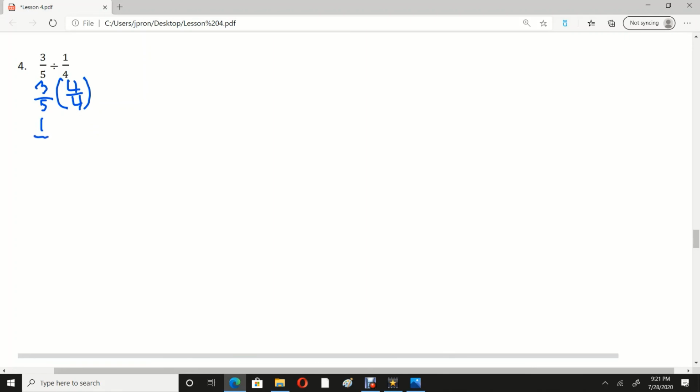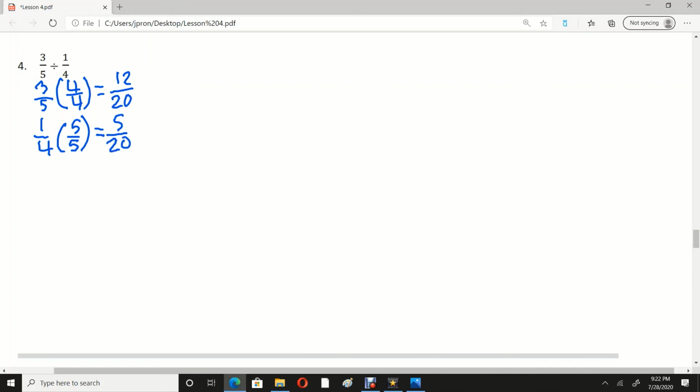And we're going to multiply 1/4 times 5 over 5. And when we do this, we get 3 times 4 is 12, over 4 times 5 is 20. 12/20 is equal to 3/5. 1 times 5 equals 5. 4 times 5 equals 20.